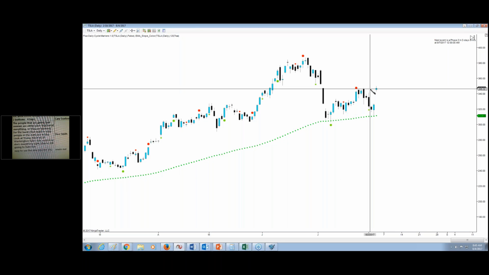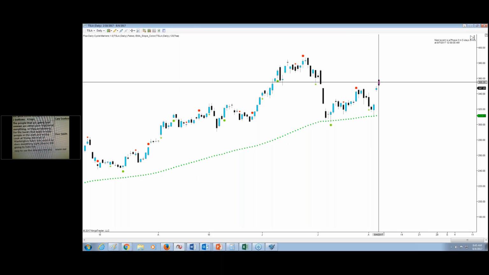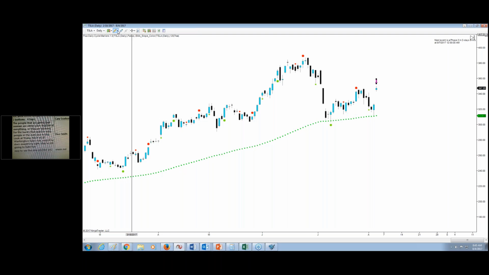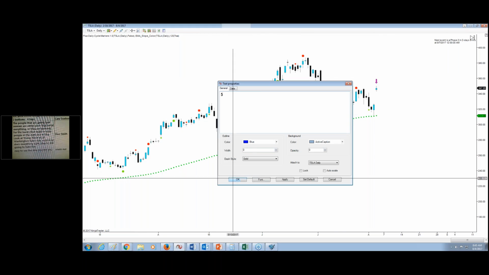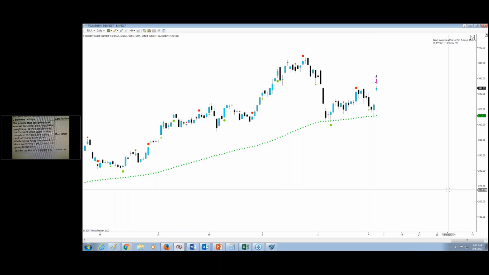So today's candle broke the swing high. So as of right now, there is a pattern 5 signal in place right now.